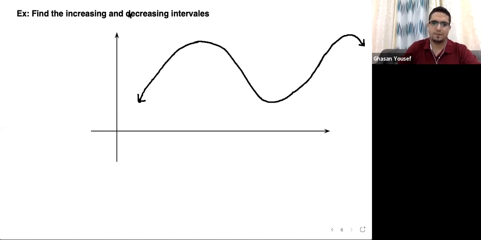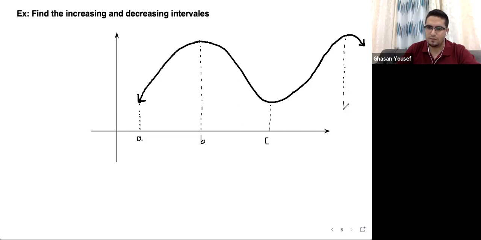This point here is A. This point here is B. This point here is C. And this point here is D. The question is, where is the interval for increasing and where is the interval for decreasing of this function?